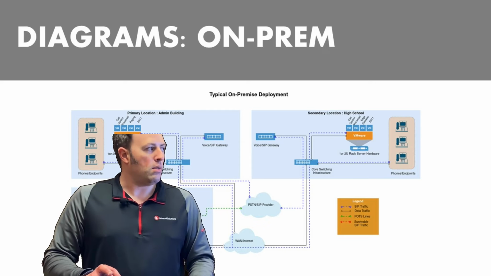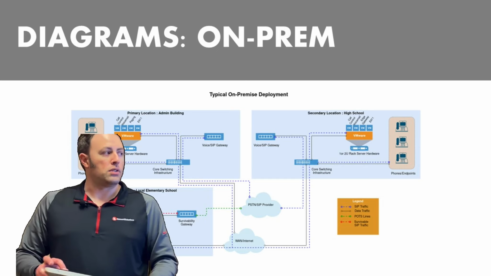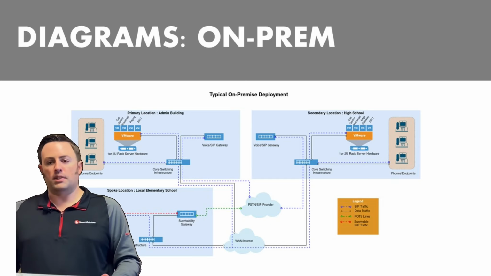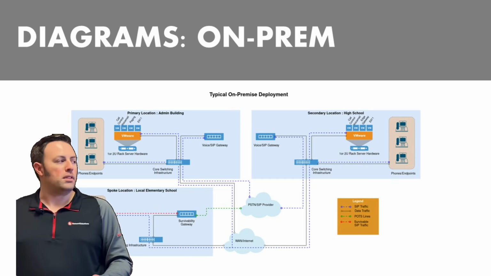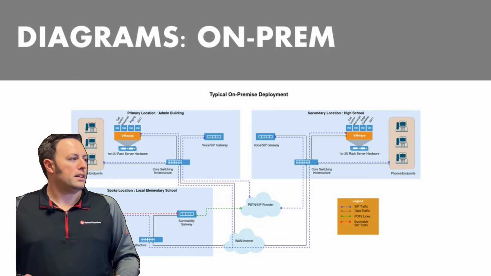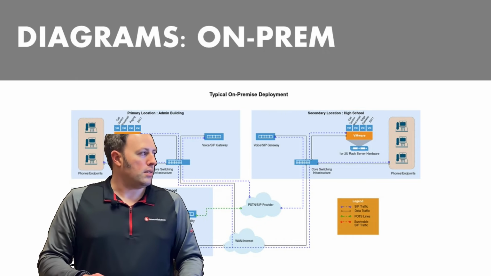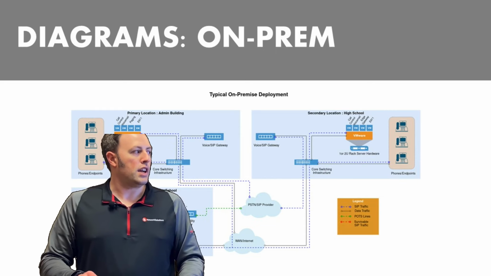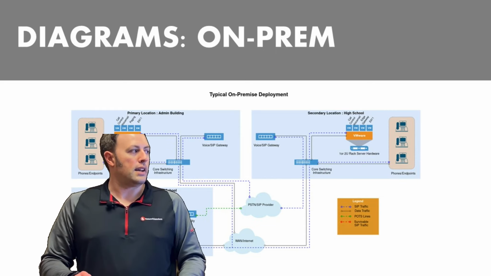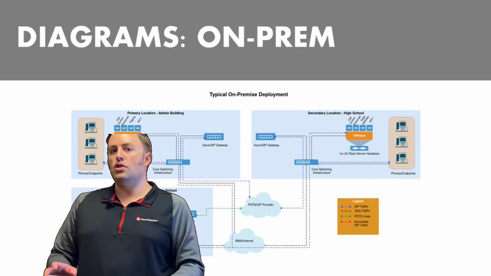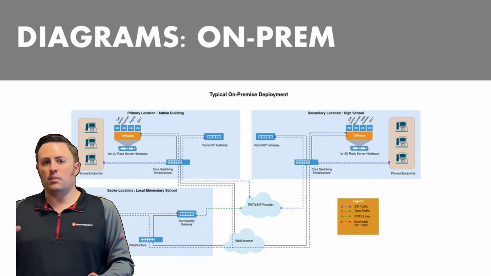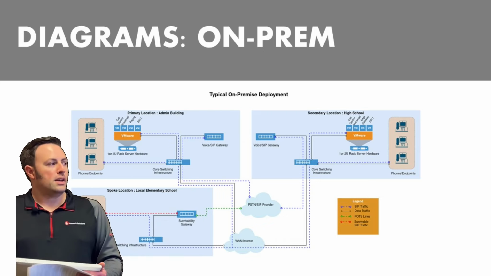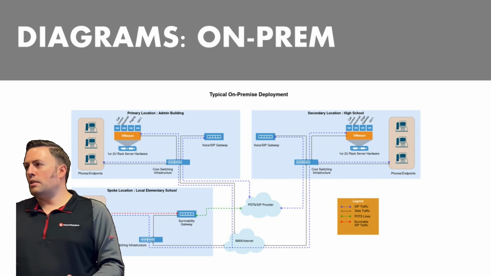I put Edge Gateway in here just to show that it is also a virtual machine. I could spend an entire hour talking about that thing alone, but it's part of it. We also see we've got a SIP gateway at each site, and that provides the redundancy. There are two SIP trunks here going from the same or different providers, and if one goes down, the other can pick up.